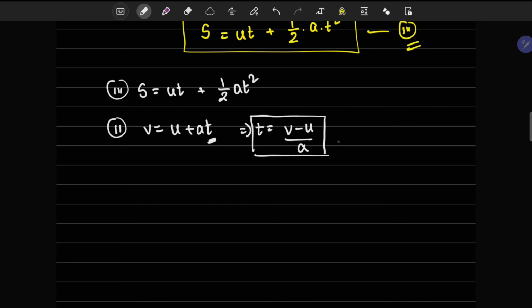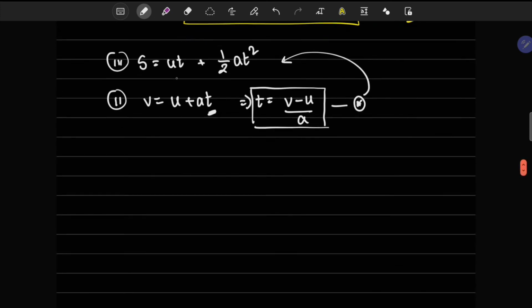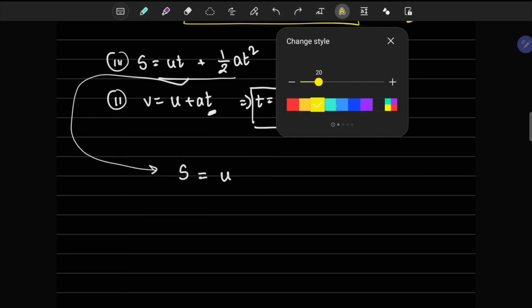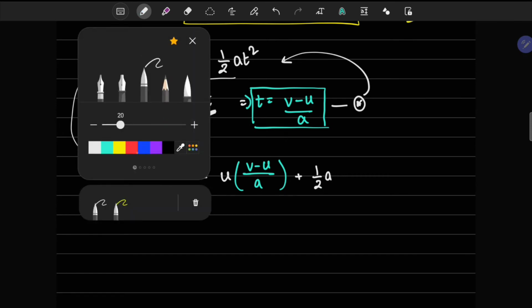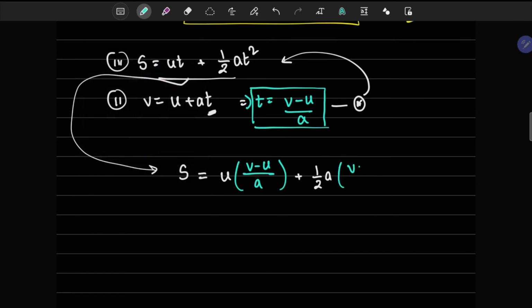Alright, what we are going to do is input this equation into this, which means that s equals u times v minus u over a plus half a times v minus u over a squared.